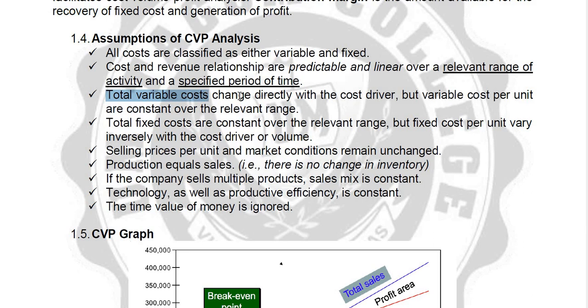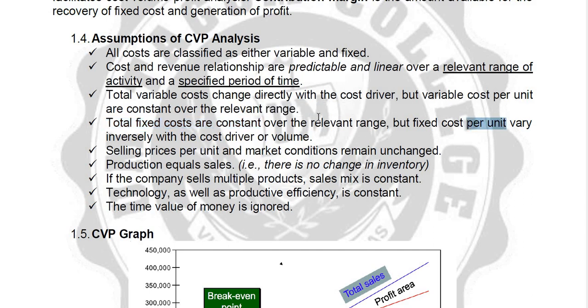So, the total variable cost changes directly with the cost driver, but variable cost per unit is constant over the relevant range. This is the behavior of variable cost. In terms of total, it will vary with the cost driver, which in this case is usually our activity level or units produced. The total fixed costs are constant in total over the relevant range.